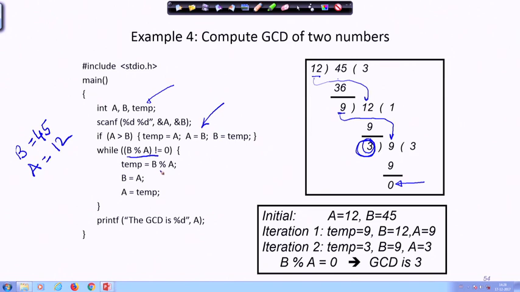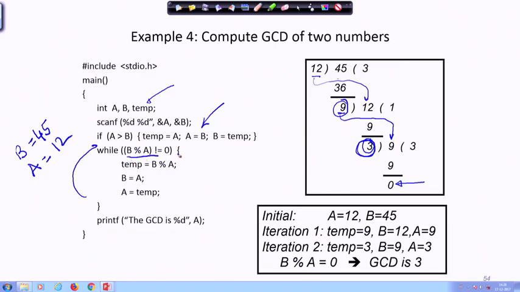So, temp was 45, I try this, it is not 0. So, then I take this remainder 9 and again make that to be B. So, now B becomes 9 and A becomes the temp, and I go on dividing this and I go on carrying out this loop till this becomes 0.